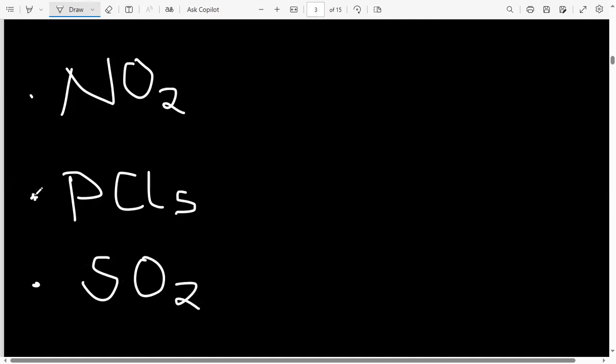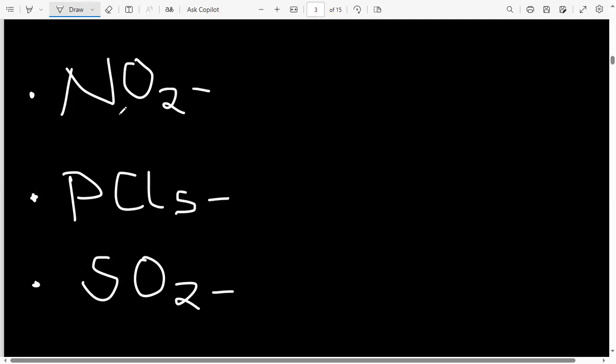Okay, so anyone who can give us the name of the first one there? What's the name of this guy here? Nitrogen dioxide. Okay, say nitrogen dioxide. That's correct. Because we have one nitrogen here, we don't say mononitrogen. No. You only put a prefix on the first element if that prefix is 2 or above.